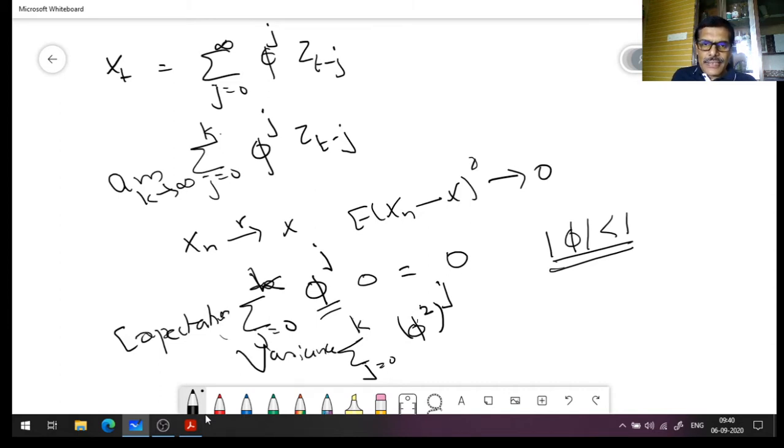In fact, that is the case when r equal to 2. In such a case, you want the summation from j equal to 0 to infinity of phi square to be convergent. If this is true, then that is guaranteed. That is, I think, your real analysis exercise.